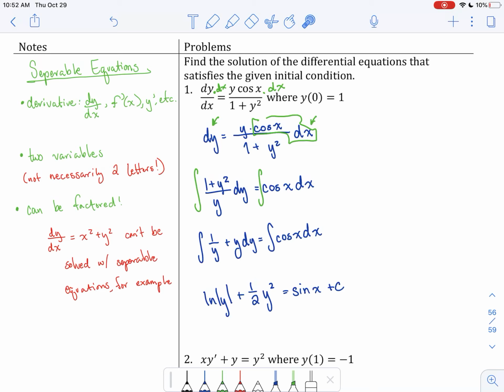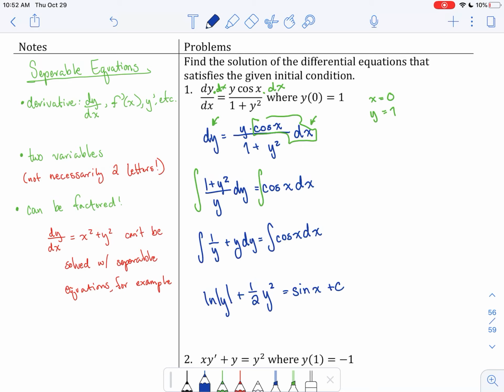So here's our function, and then it gives us our initial condition, which says that y of 0 is equal to 1. So that means that x is equal to 0, y is equal to 1, and we can plug that in to find our c value.